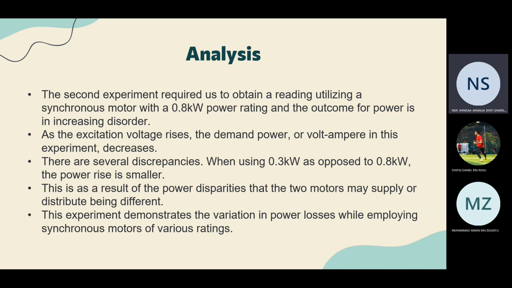There are several discrepancies. When using 0.3 kilowatt as opposed to 0.8 kilowatt, the upper rise is smaller. This is a result of the power disparities that the two motors may supply being different. This experiment demonstrates the variation in power losses while employing synchronous motors of various ratings.